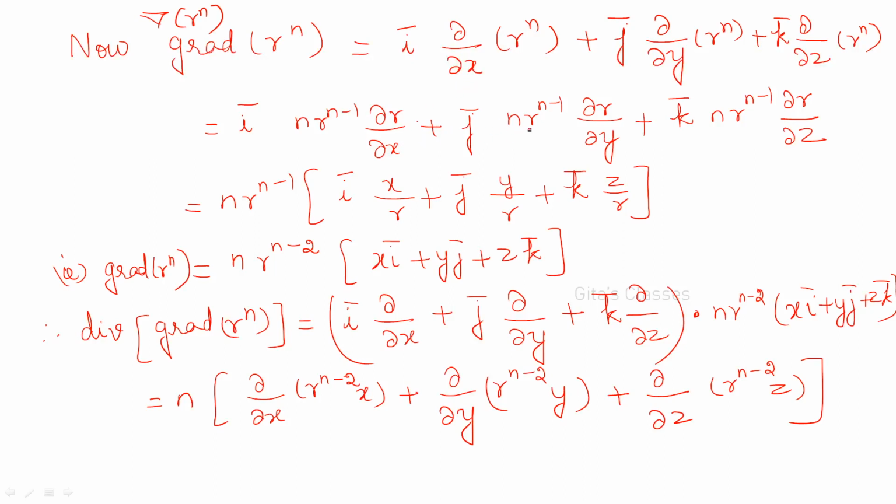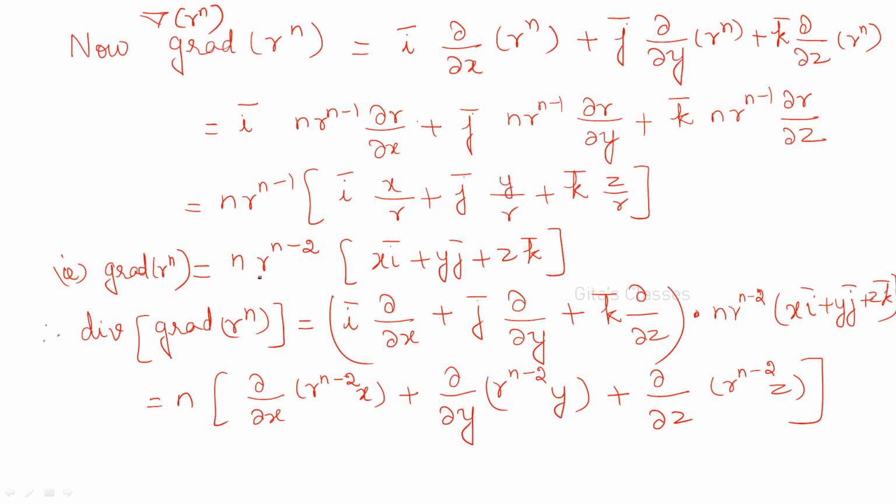Plus j into, similarly, whatever we are writing for this, the same thing will be repeated with respect to y and z in the second and third terms respectively. So n into r to the power n minus 1 is common. So i into x by r plus j into y by r plus k into z by r. What is this?